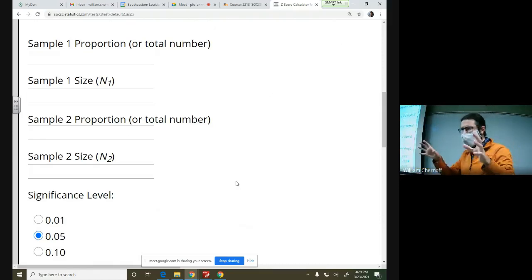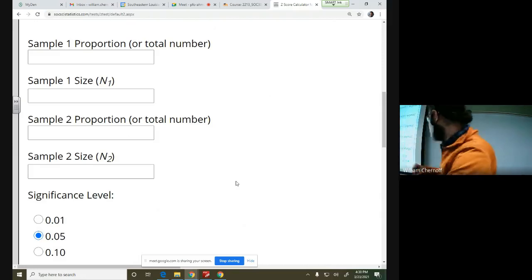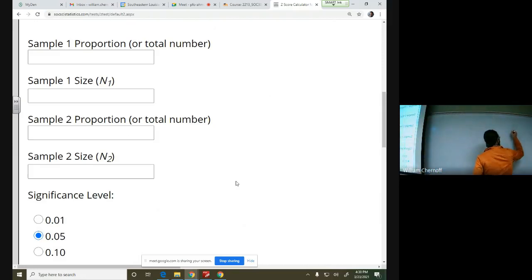So if this is your first population, the null is that the proportion of people who've been the victim of crime in the past among those who identify as female is equal to the proportion of people who've been the victim of crime in the past who are not female.